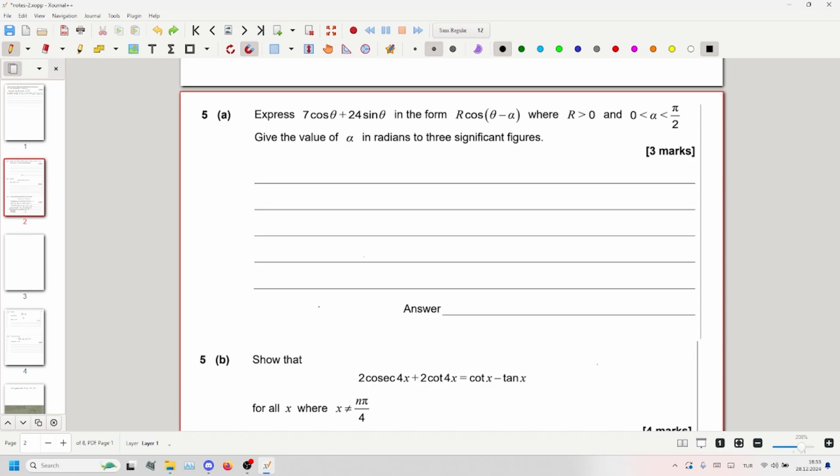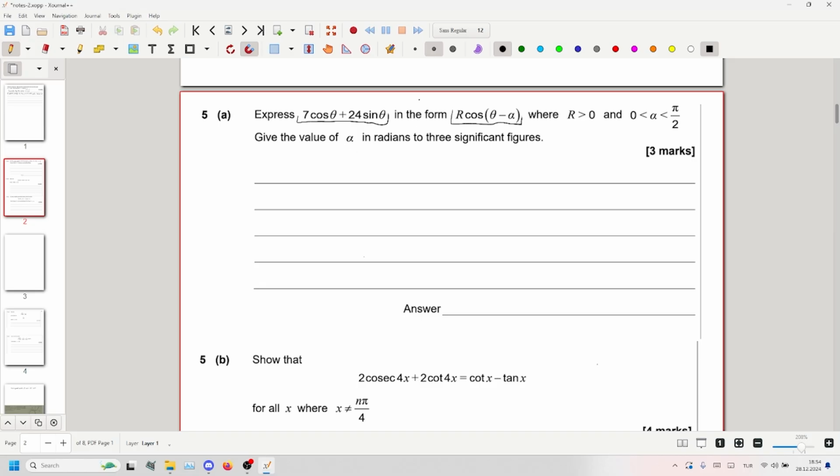Right, now let's begin our next question. Here it's asking us to express this trigonometric expression in this form, and it asks us to find the value of alpha.